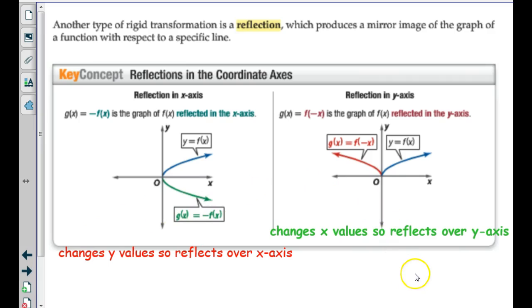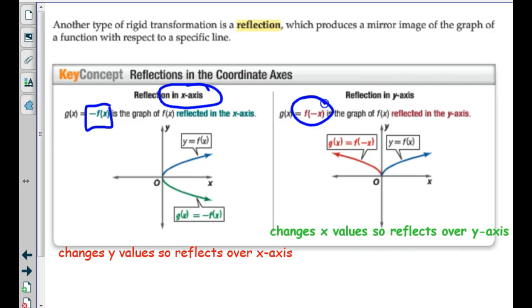All right, reflections. This is troubling to some students. When you have the negative on the outside, think about what that says. Negative f of x. What is that changing? Y values, right? Because it's saying the opposite of the y. If you change the y values, instead of going up, I'm going to go down. So it's going to reflect across the x-axis, okay?